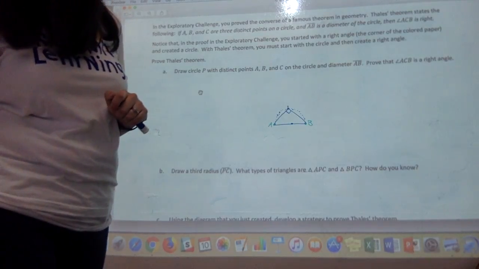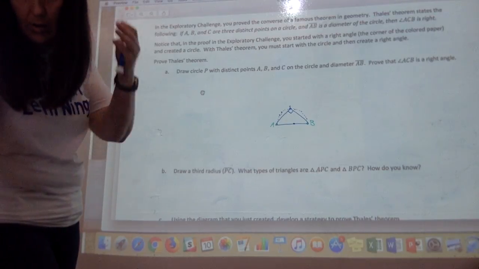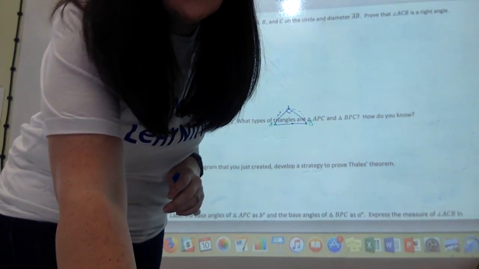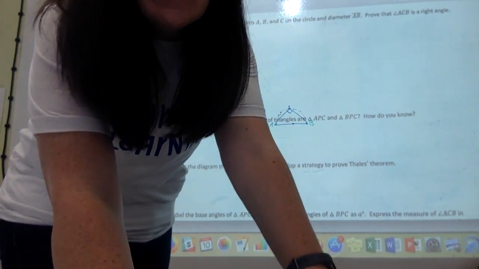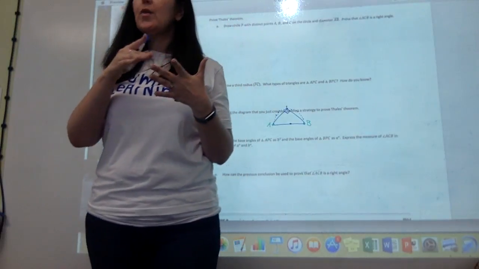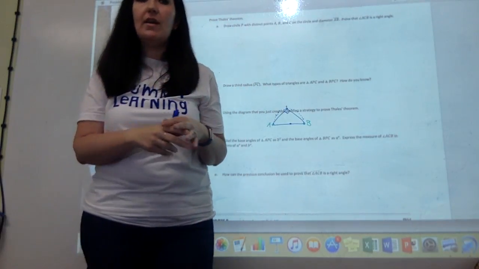So let's see if we can prove it going the opposite way. We just kind of discovered it. Let's see if we can prove it. We're going to do proofs this unit. Your test will have a choice of 3 proofs. That would be a level 5, if you wanted to get a 5.